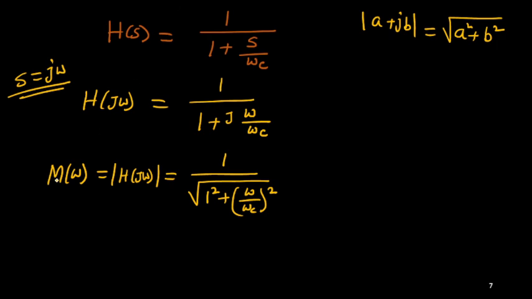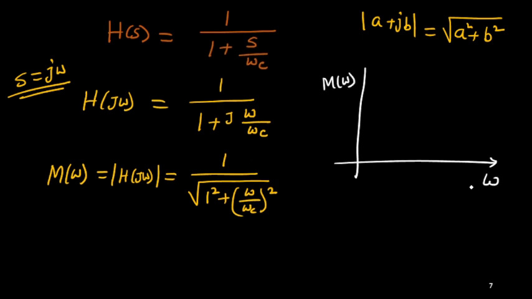We can draw this function M of omega with respect to omega, and omega c is one constant only, that depends on R and C. We have seen that omega c equals 1 over RC. Okay, let us draw the spectral or magnitude plot. Okay, we want to plot this M of omega with respect to omega.